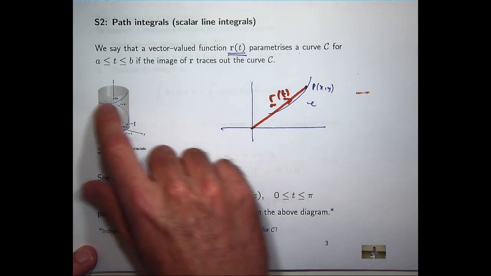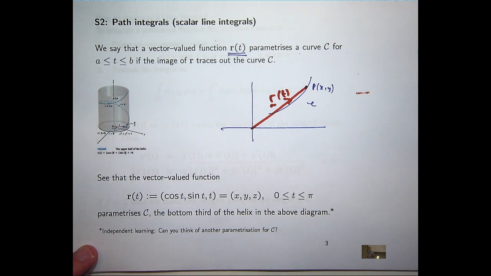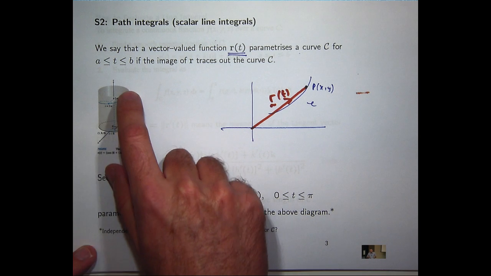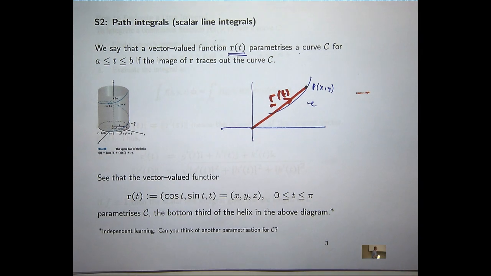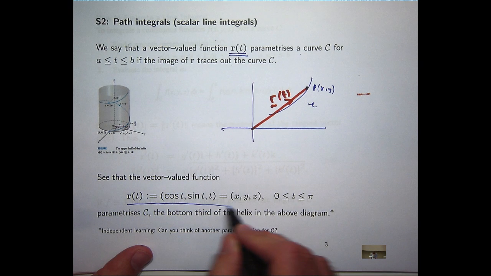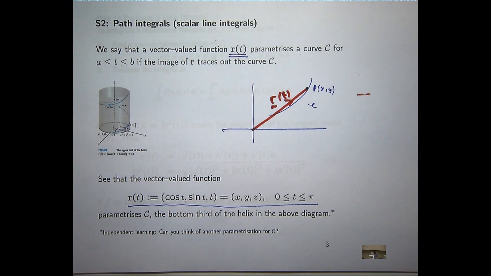Now you can see this curve here. Anyone remember the name for this curve, this blue curve? It's a helix, right? Think of it like a spring. And we learnt how to parameterize, or give one parameterization for that spring using cosines and sine and t. Now, let me remind you that there's more than one way to describe a curve using a vector function. You can parameterize curves with all sorts of different vector functions.